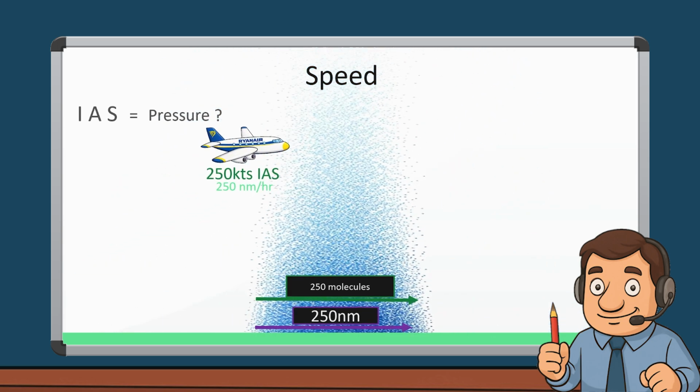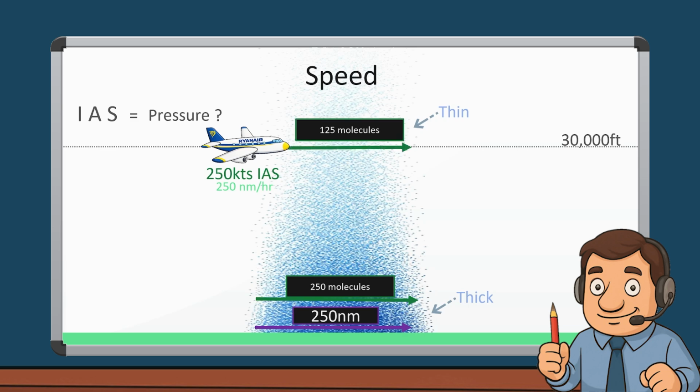However, now we go way up to 30,000 feet. Now the air is much thinner here, meaning the molecules are further apart. Now, there's only 125 air molecules from one end of the column to the other one, because of the thinner air. But our dear Ryanair needs to still pass through 250 of them in order to keep his indicated airspeed of 250 knots, otherwise he's gonna fall out of the sky.